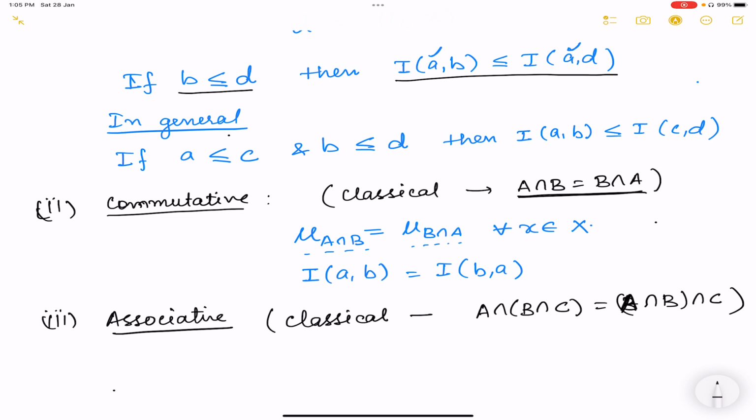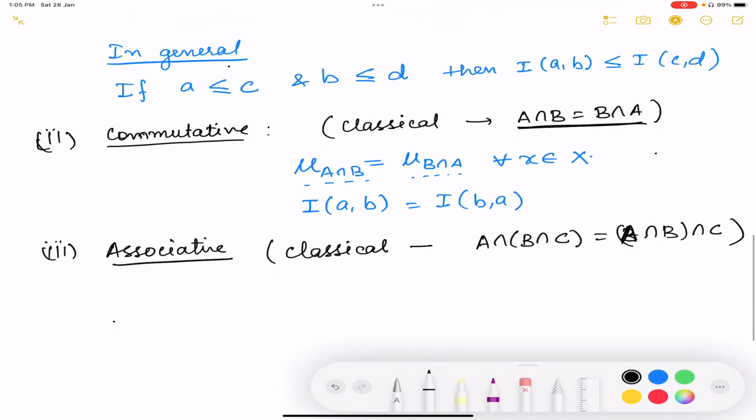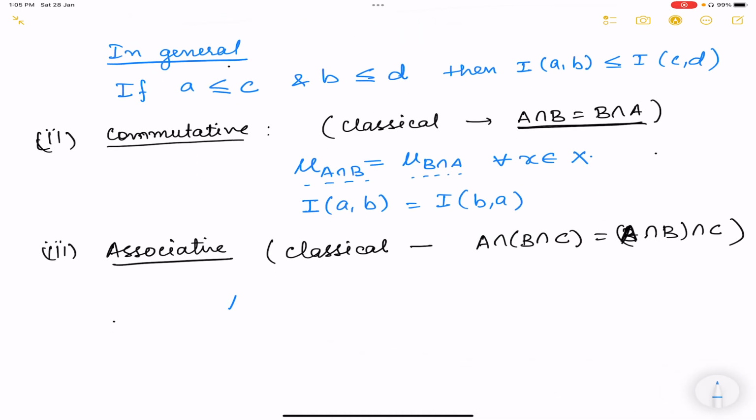So associativity in fuzzy, what does this mean? This means that the membership grade of (A intersection B) intersection C is the same as the membership grade of A intersection (B intersection C). This should hold for every x in capital X.